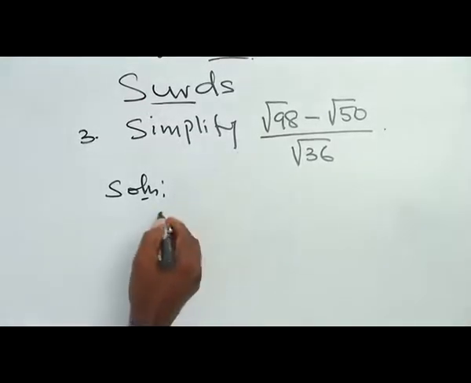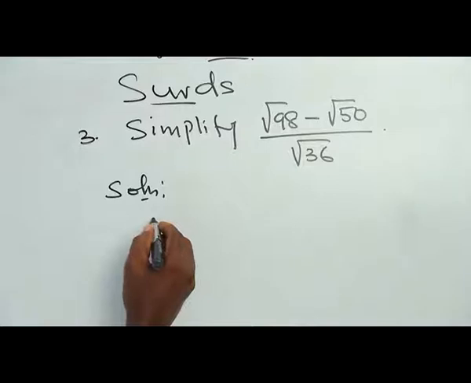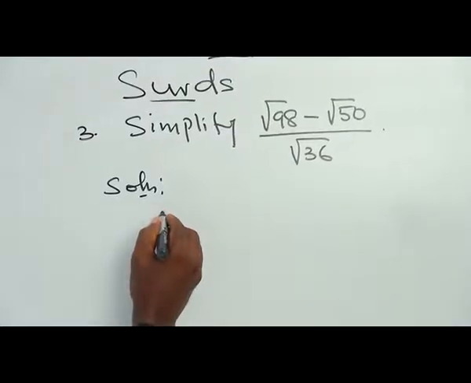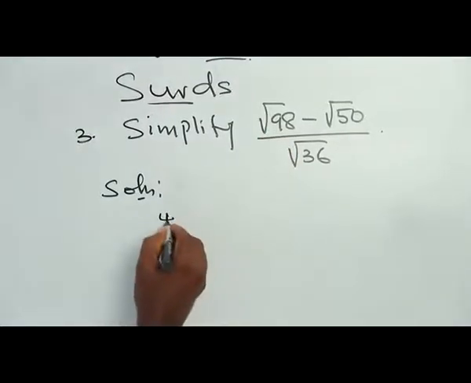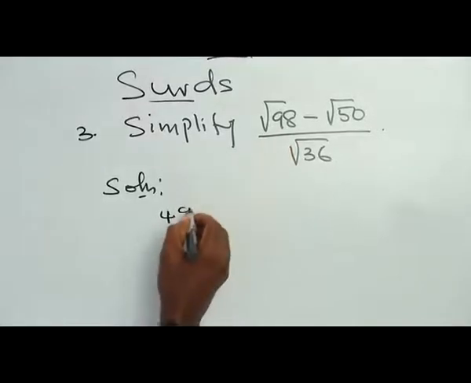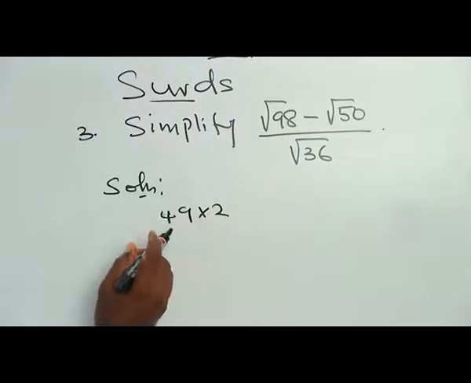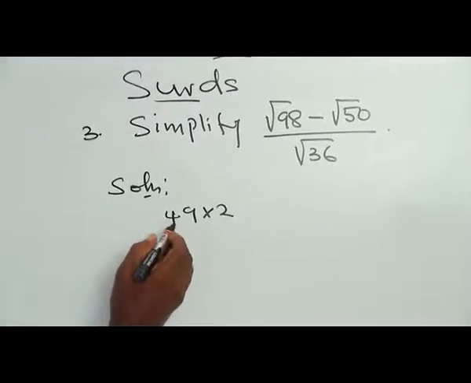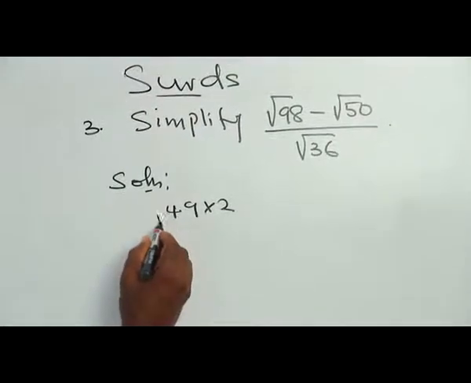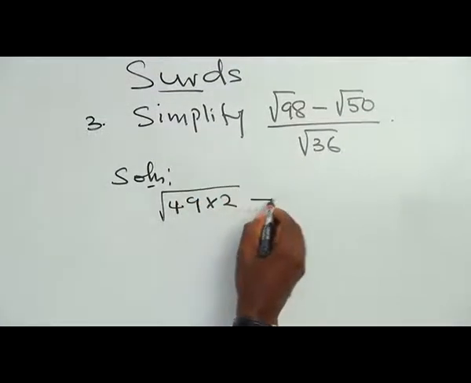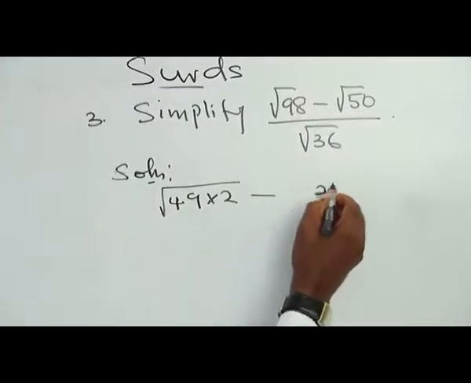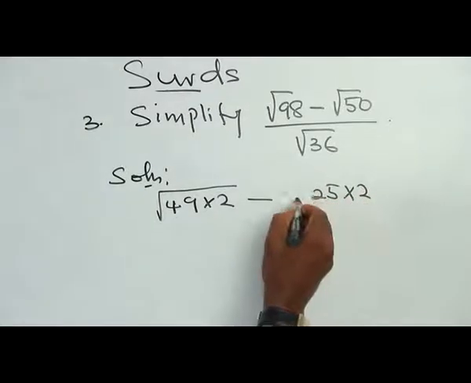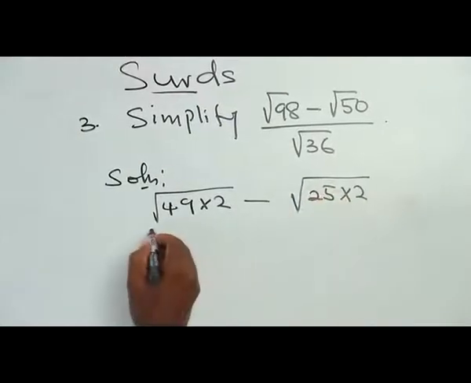For example, your root 98 is the same thing as 2 can divide it to give you 49, and then that is 49 times 2. And 49 is a perfect square, because we can find the exact square root. Everything here under square root. 50 is the same thing as 25 times 2, and then this is also under square root.